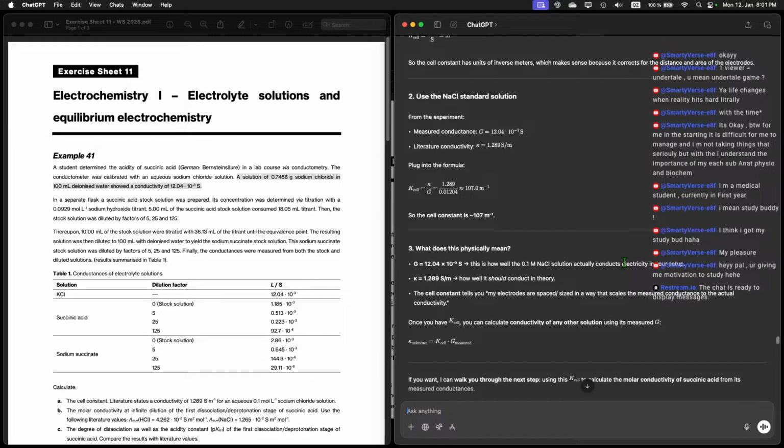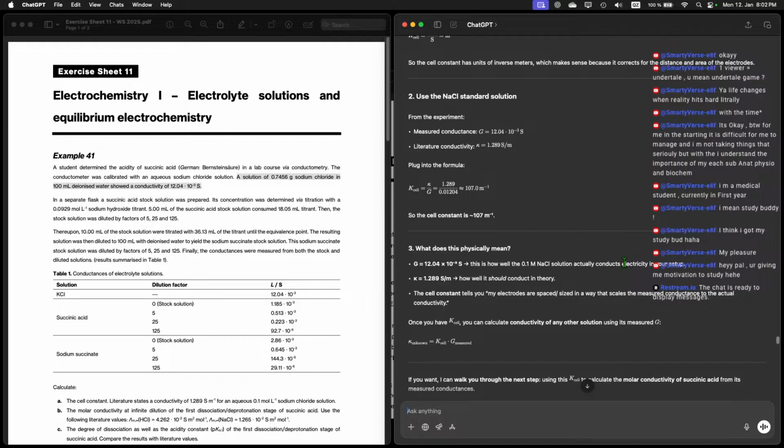So if I've given the values, it's 1.289 Siemens per meter divided by 12.04 times 10 raised to minus 3. It's not even working.